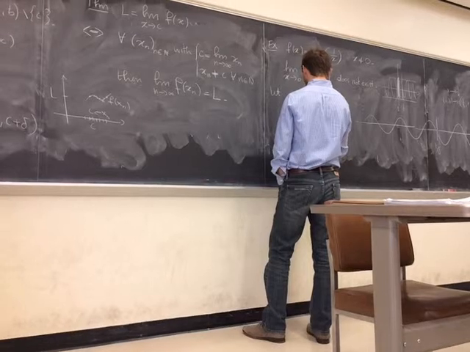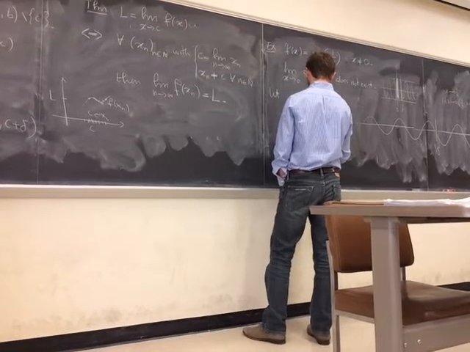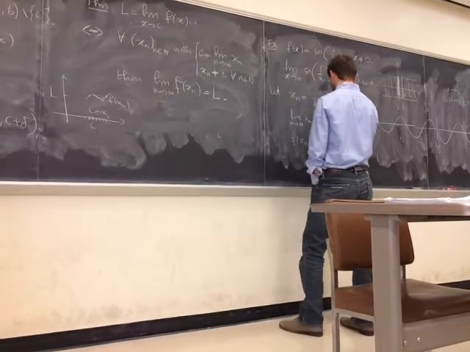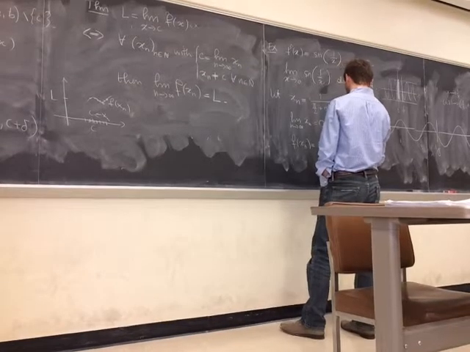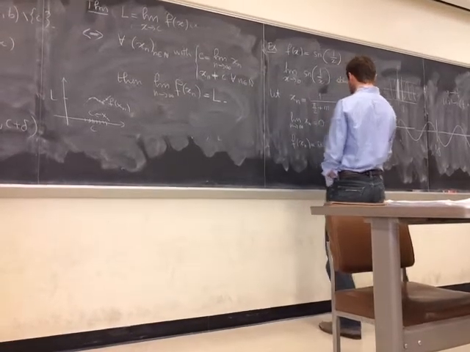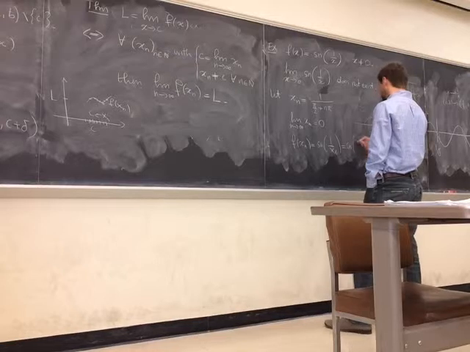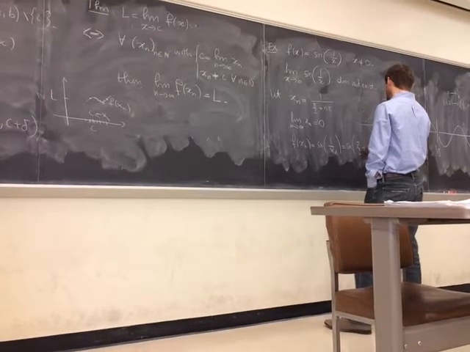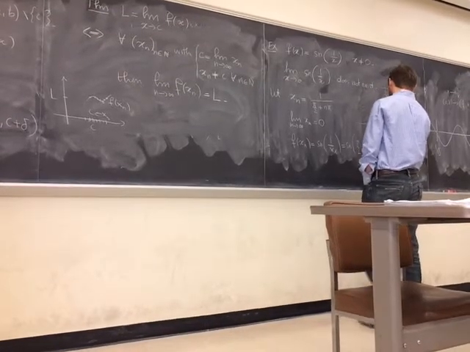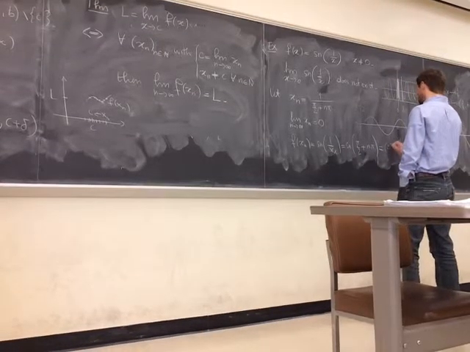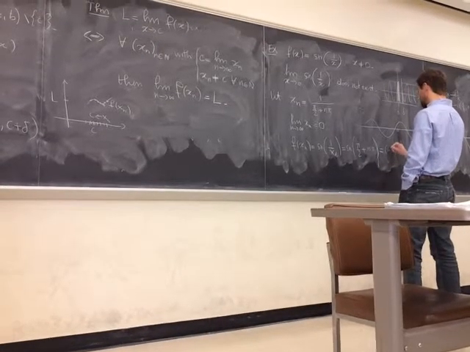Okay, then let me compute f of x_n. Well, f of x_n is the sine of 1 over x_n, which means the sine of pi over 2 plus n pi. And this is just minus 1 to the power n, right?